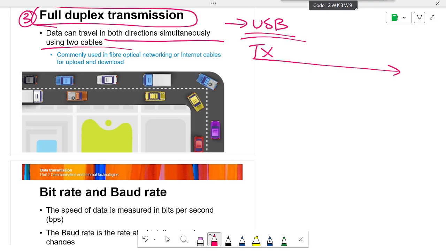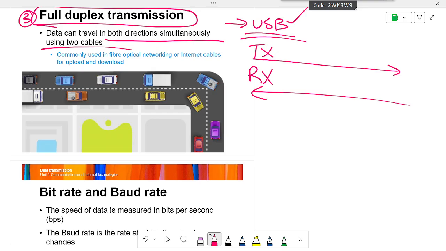And then I have a receive. That means that USB is the most popular type of transmission on your computer. It's universal. It's very convenient. If I have a mouse or a keyboard, they all use the USB port. Agree? This right here is full duplex.